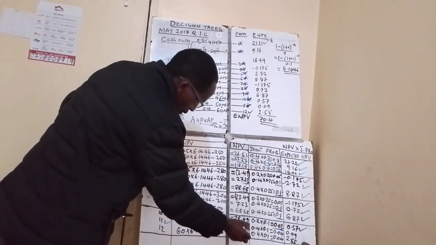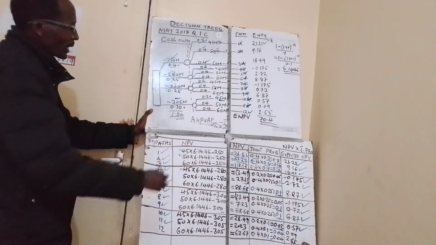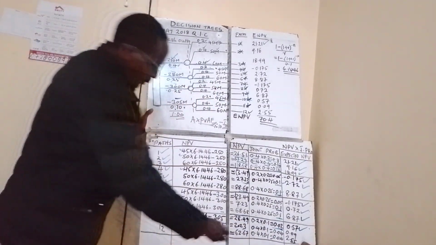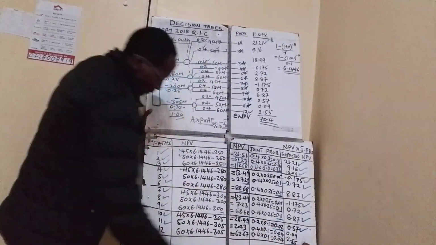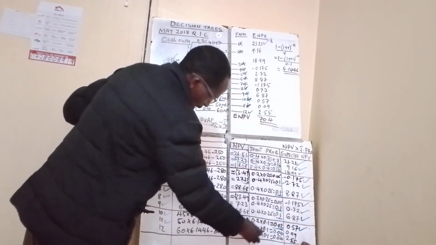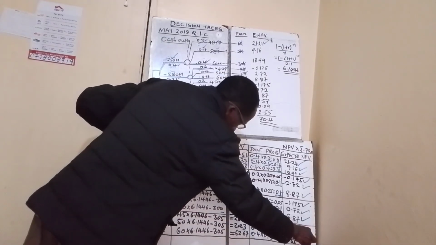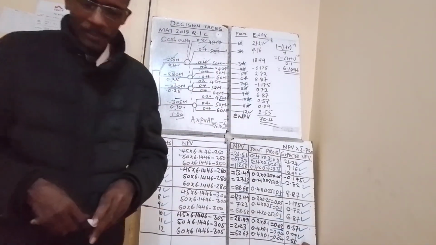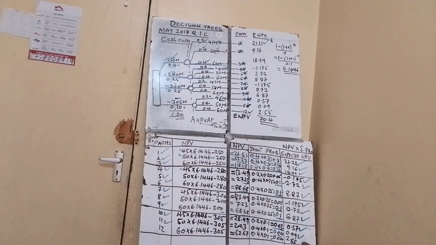We get 2.23. Joint probability 0.4 times 0.1, we get 0.04. Okay. 2.23 times 0.04, we get 0.09.